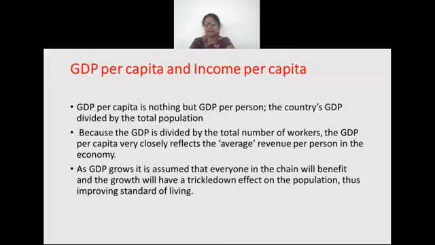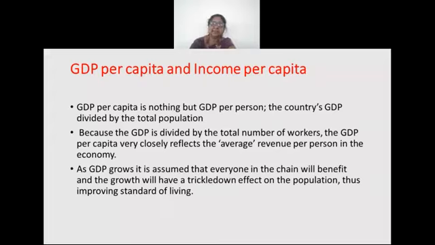Normally, they calculate this GDP for a 1-year, 12-month period only. The country's GDP is divided by the total population. So GDP per capita means the total GDP of the country divided by the total population.